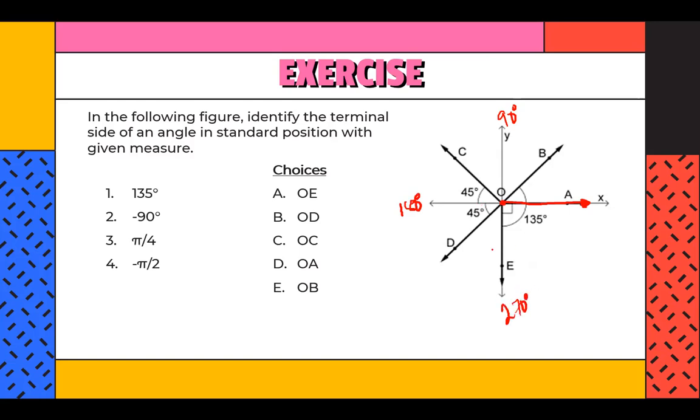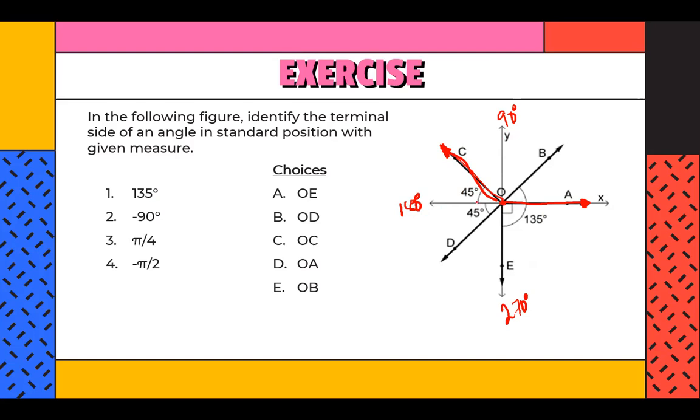Now, we can say that 135 degrees must be between 90 degrees and 180 degrees, right? Based on our illustration, this is the ray that belongs to the second quadrant. Therefore, OC is our terminal side for angle 135.